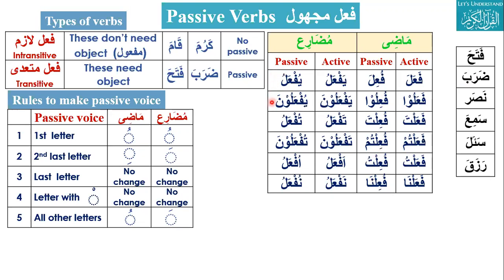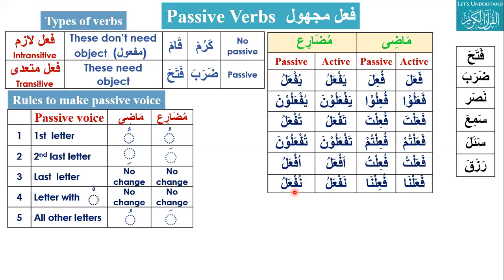Yudrabu, yudrabuna, tudrabu, tudrabuna, udrabu, nudrabu. And what would be the meaning of nudrabu? We are hit, or we will be hit. So can you tell us why this is a passive voice? We are hit.